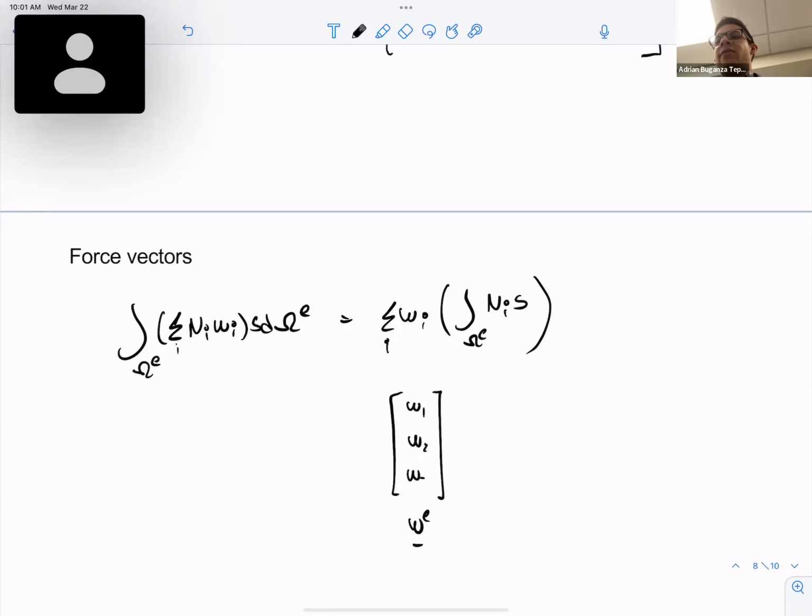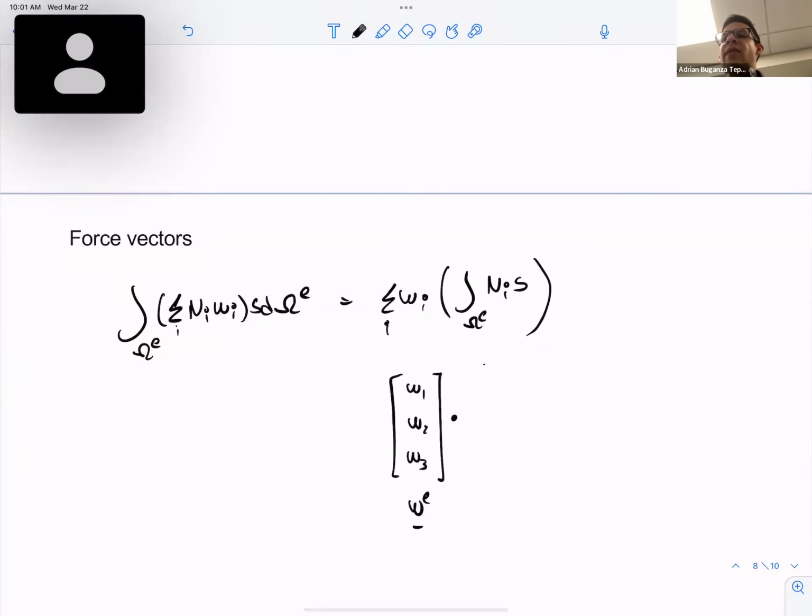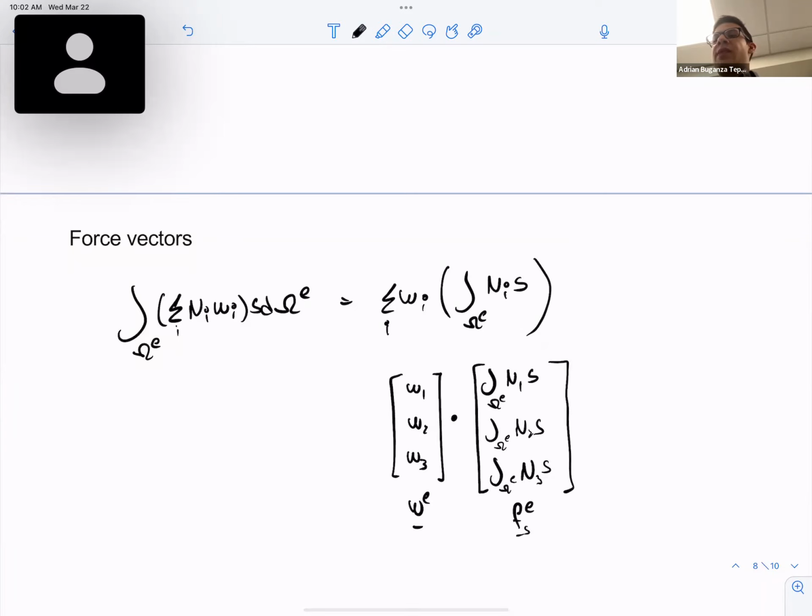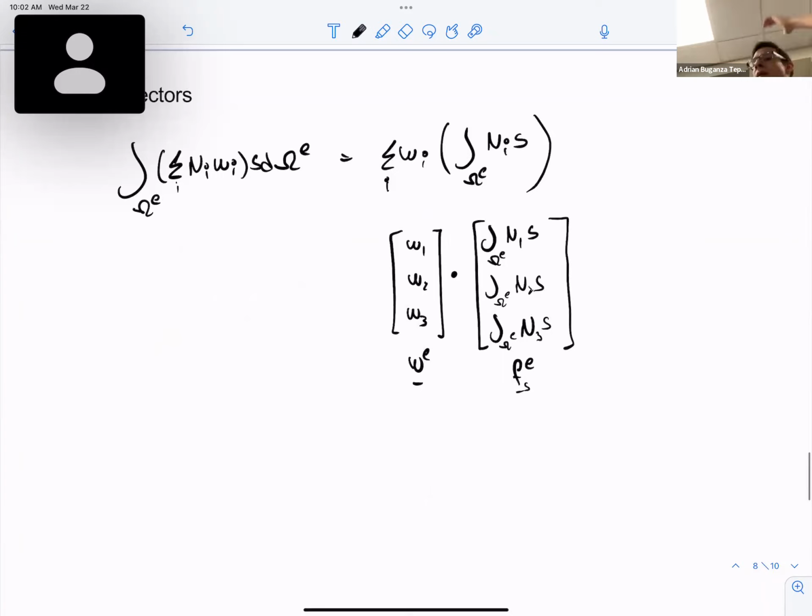So for the triangle, that would be 3. And this vector right here is just an integral over the element of N1 times S, integral over the element of N2 times S, integral over the element of N3 times S. And this is the force vector corresponding to that source term. So again, this looks exactly the same as the 1D case.